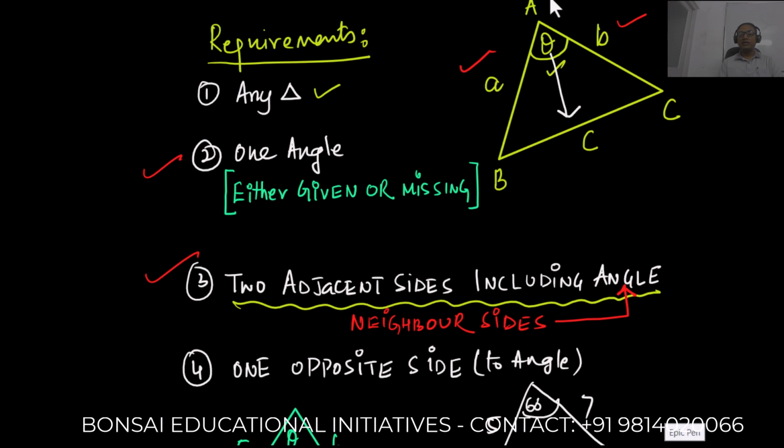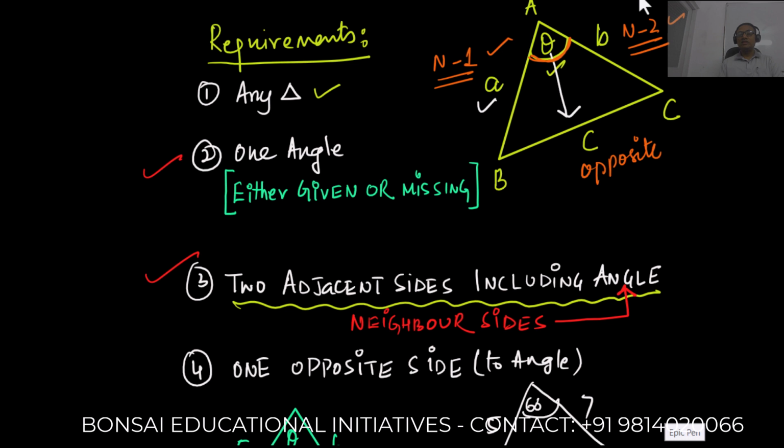One angle, two neighbor sides, and one opposite side. I'll write here for you guys. This is the opposite side, and you can consider this as neighbor 1, and this as neighbor 2 side.